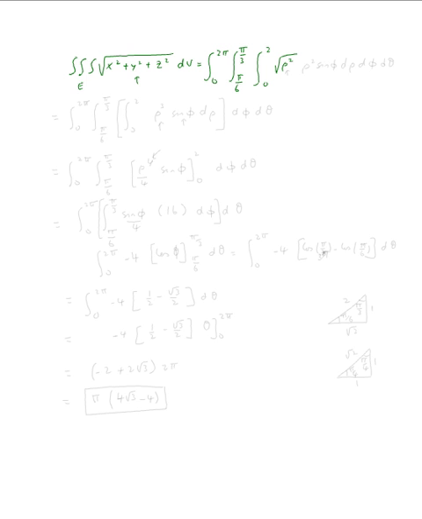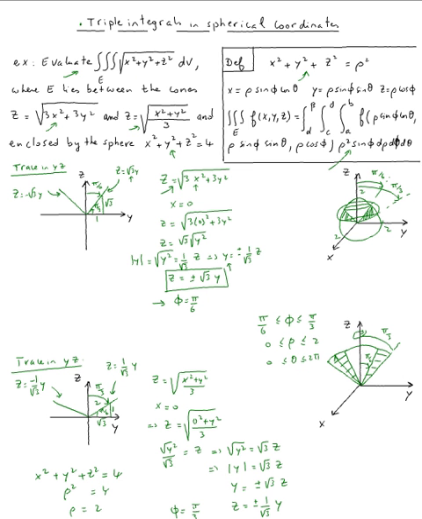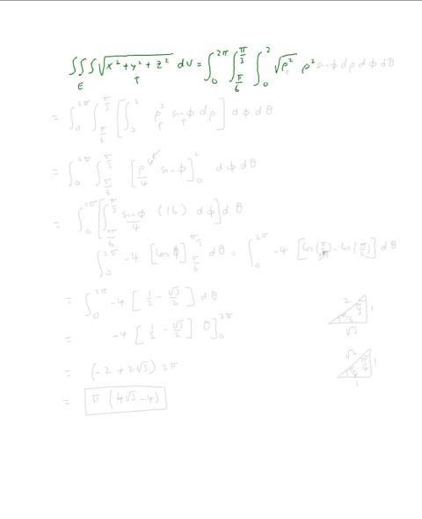And don't forget this definition. We need the rho squared sine phi d rho d phi d theta. Alright, so let's do it here. The rest is pretty easy. We're going from 0 to 2 pi.